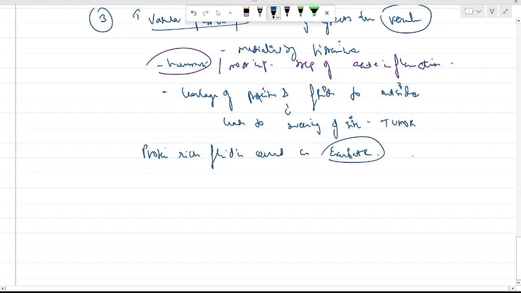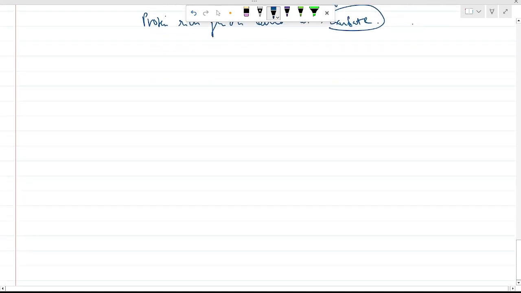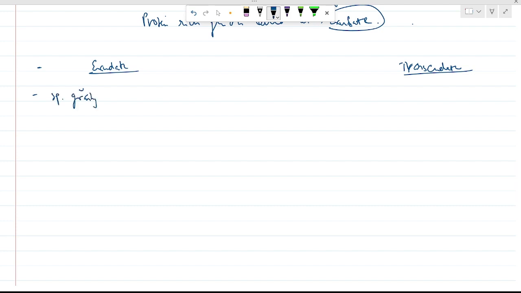Now we are going to see a very small discussion on the difference between an exudate and transudate. For exudate there is a specific gravity, the density is always greater than 1.020.